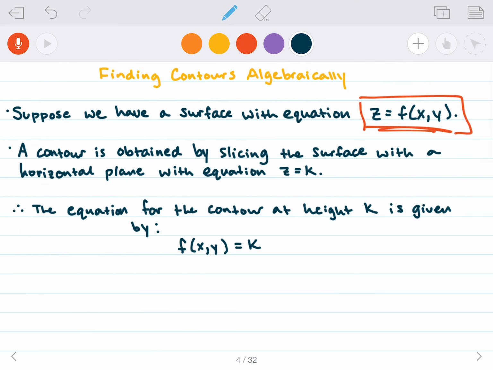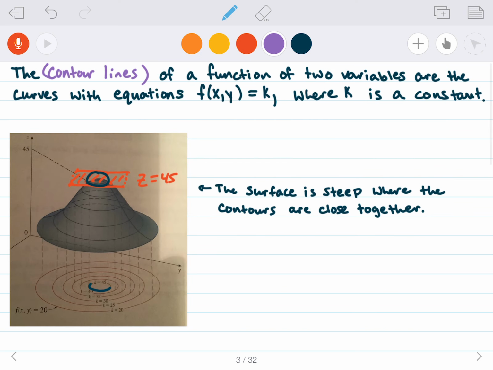So we're cutting the surface with horizontal planes at z equals k, and we're going to let k vary. This very top contour is at z equals 45, and this outermost one is at z equals 20. The plane that would correspond to this is the plane that cuts the surface here at z equals 20.